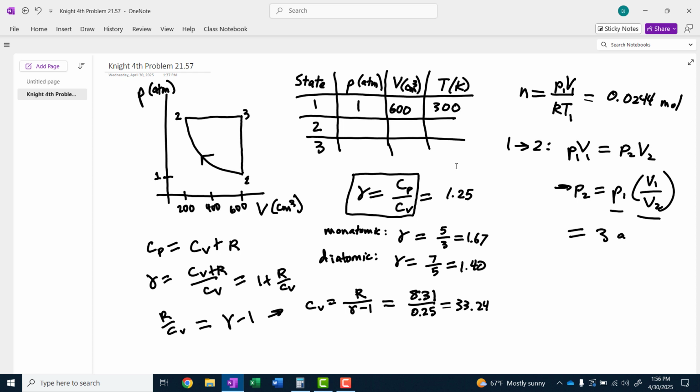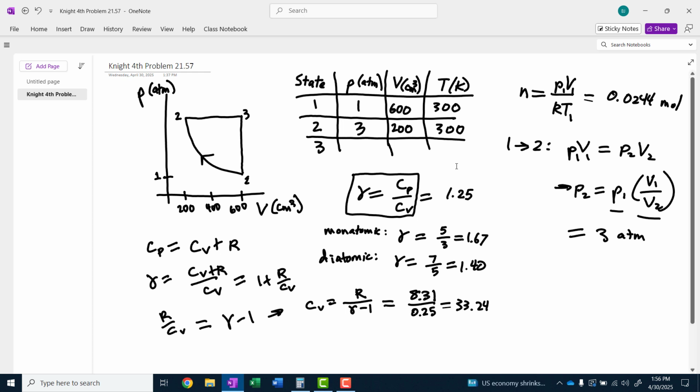In other words, we end at 3 atmospheres. Later, we'll probably have to convert that into pascals, but we'll put that into the table in atmospheres. We know the volume from the graph, it's 200. And remember, this was an isothermal process, so the temperature didn't change. So filling out this table is not going to be too difficult.